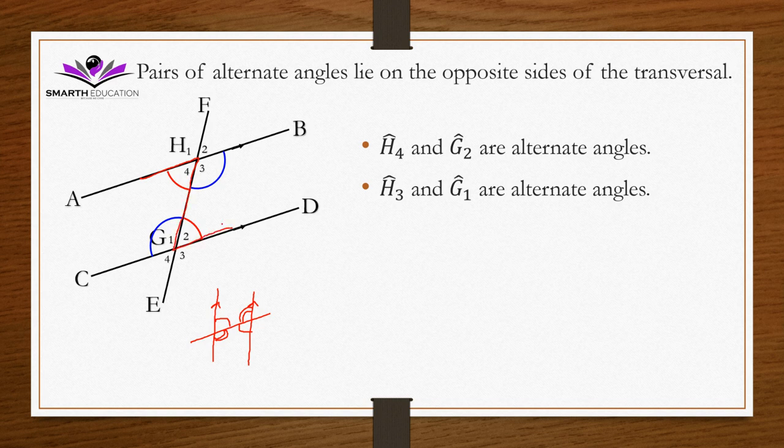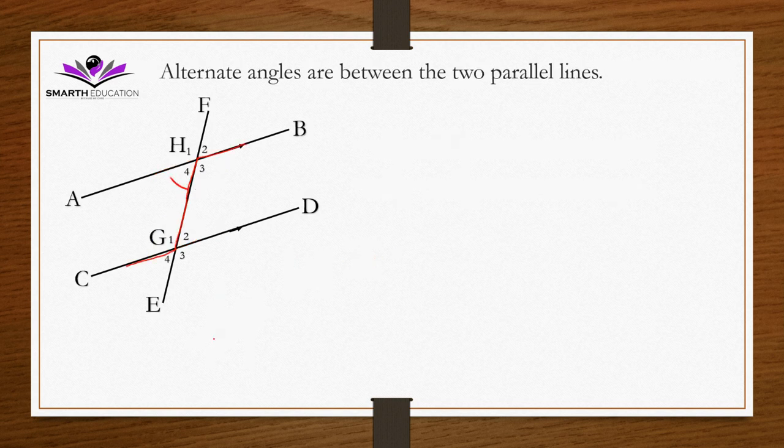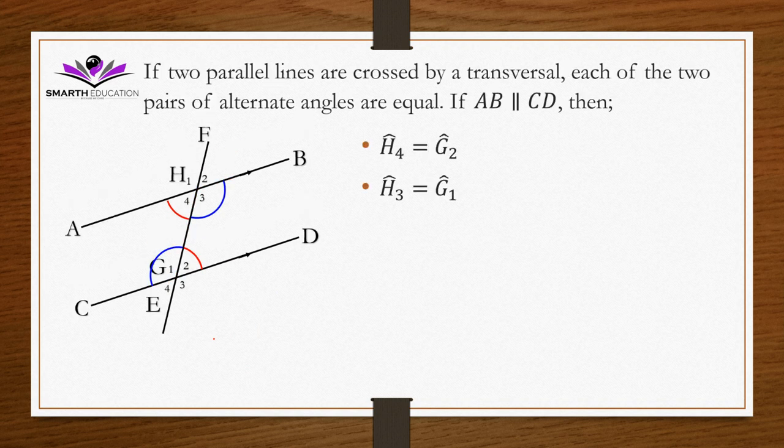So we say they form the letter Z, or again we can talk about forming the letter N, Z or N, depending on the arrangement of what? Of the lines. So you can have something like this, which is like N, see, alternate there, alternate there. You can have something like this, which is Z, alternate there, alternate there. Okay, right. So that's how we can identify the alternate angles.